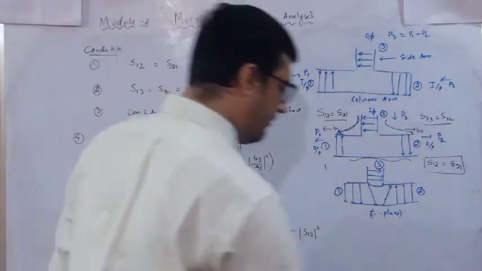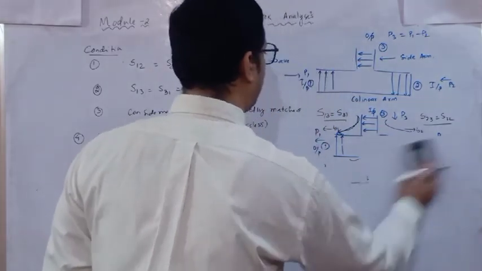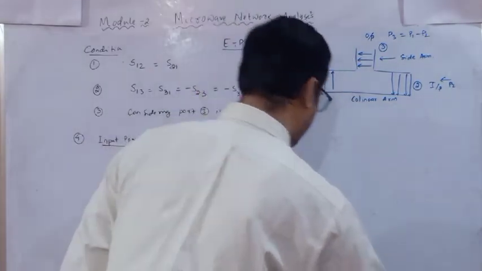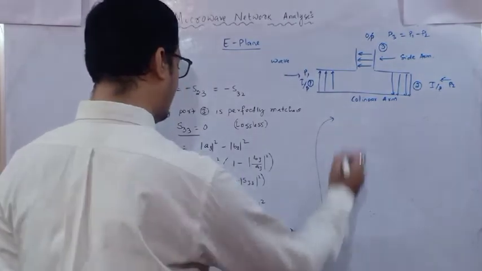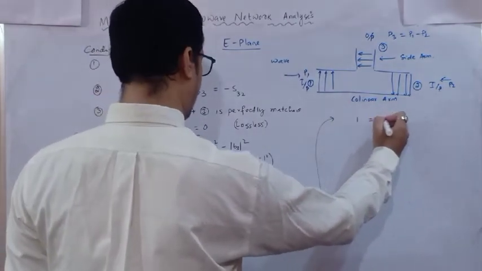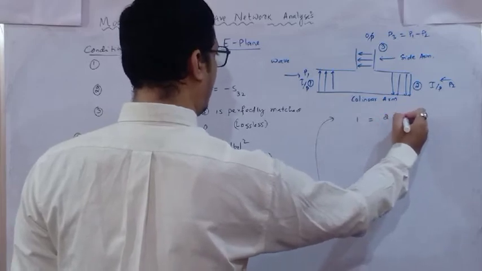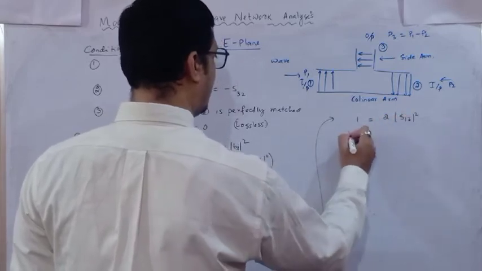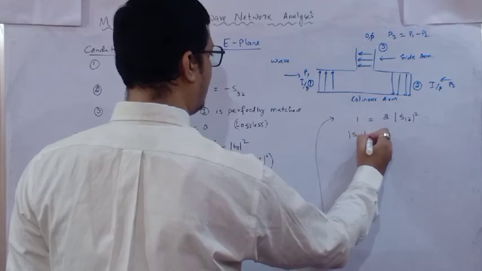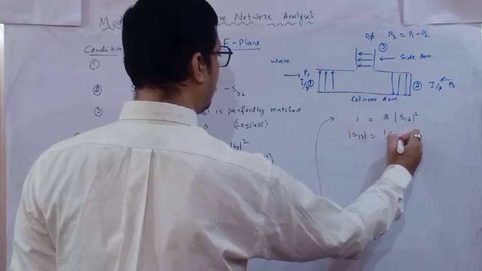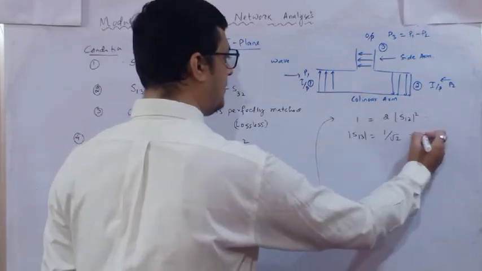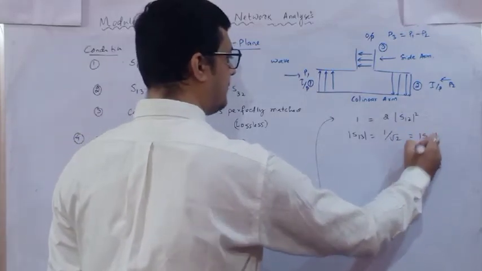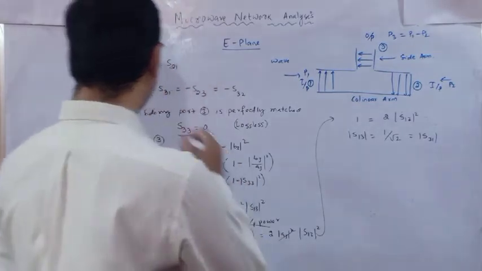So what will I have? If I solve this relation, I will get 1 is equal to twice of S13 square. So that means mod of S13 is equal to 1 by root 2. Now as we know, S13 is equal to S31. That is the first condition here.